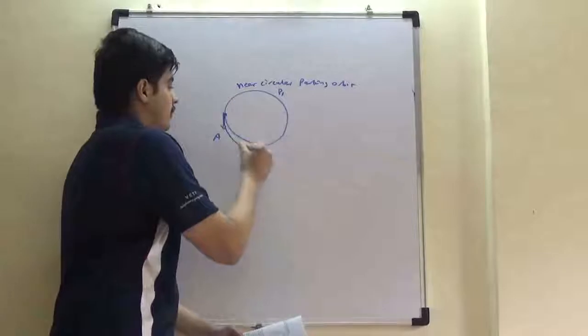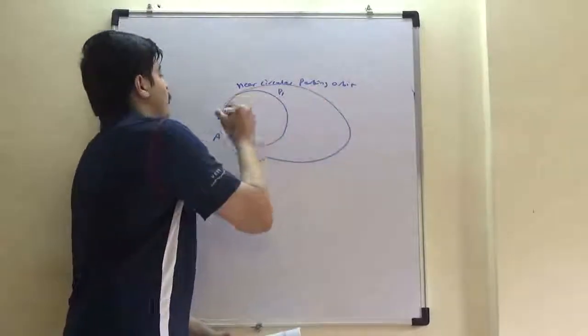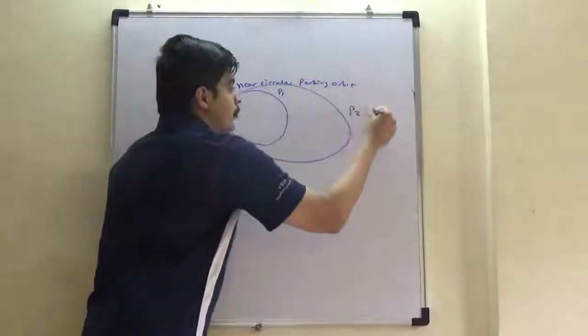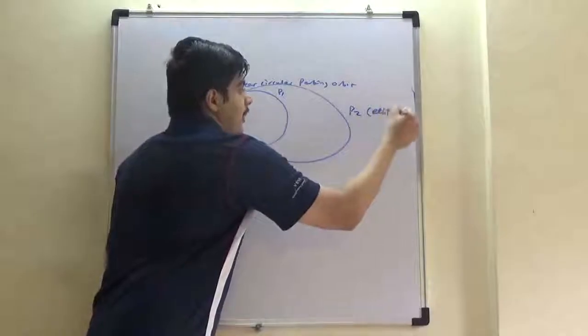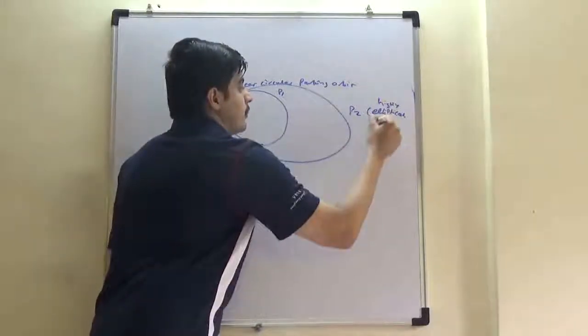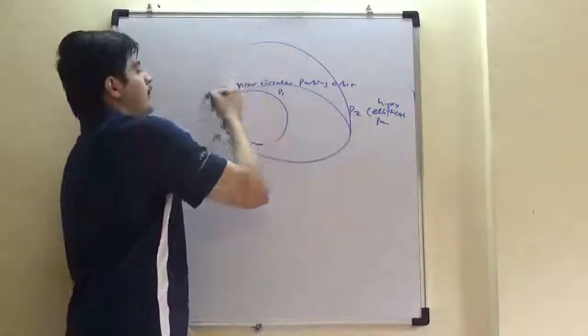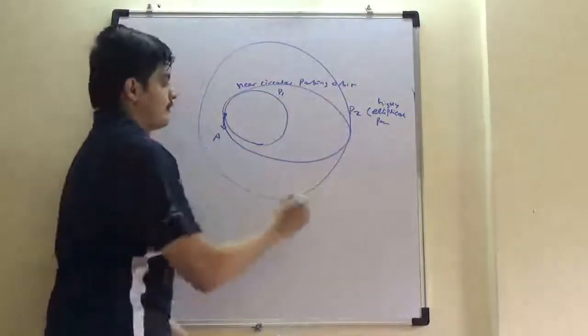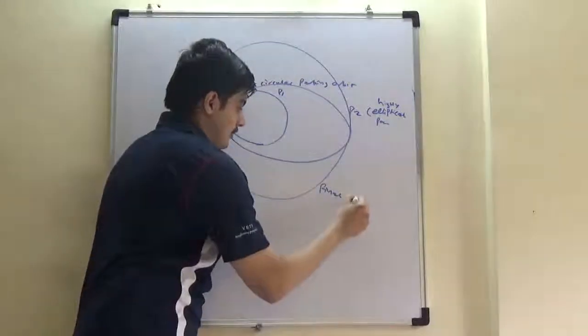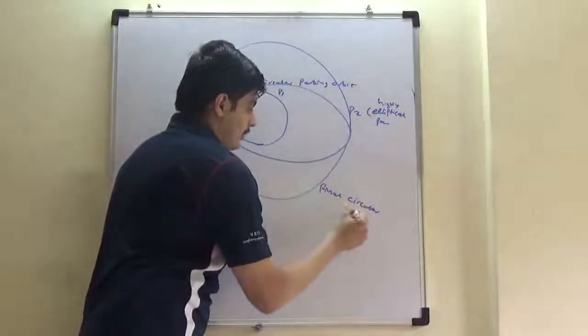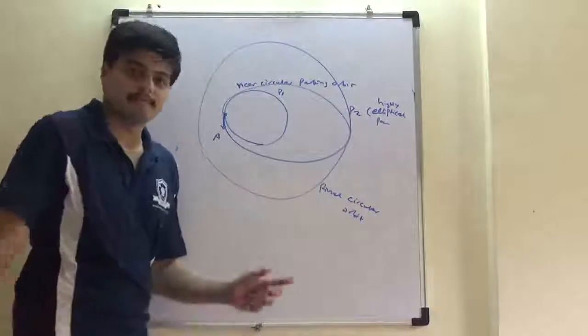What is your objective? You want to go first into P2, a highly elliptical parking orbit, and then your objective is to make it a final circular orbit. Sounds like a plan?